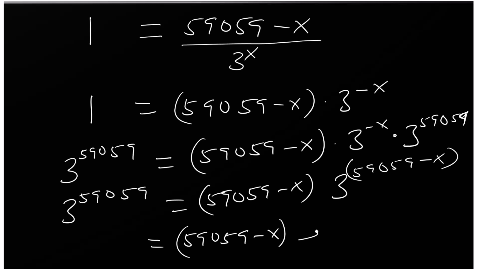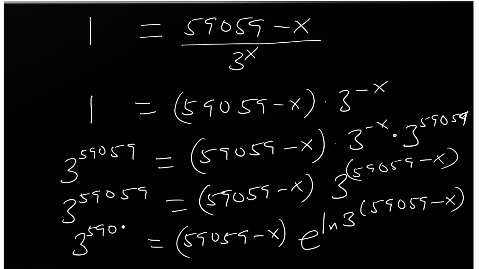So this side will be raised to ln of 3 to the power 59059 minus x. That's the case. So this side will be 3 to the power 59059. Let me repeat the same thing here.